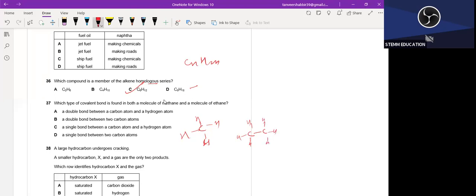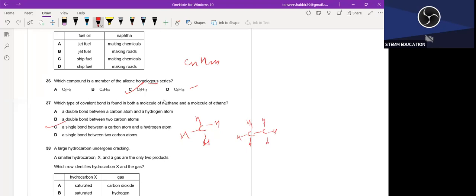So single bond between a carbon and a hydrogen. Double bond between this, no. It is present in ethane, it can be, no, there is no double bond, only single bonds. A single bond between a carbon and a hydrogen atom.